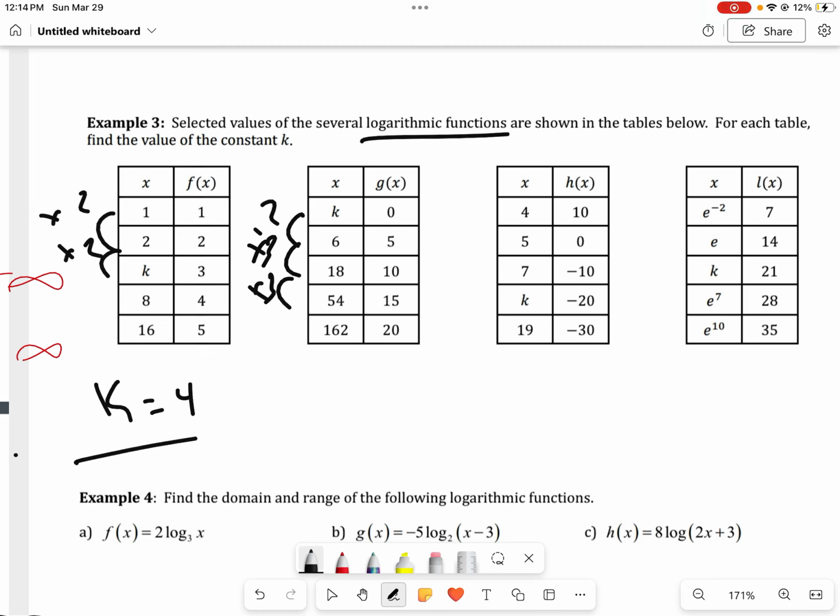So 6 divided by 3, k is 2. So this is a little weird. What you want to do is see how it's behaving. So it looks like what it's doing is multiplying by itself times 1 plus 1. Or it's not. Wait, let me see how this is behaving.